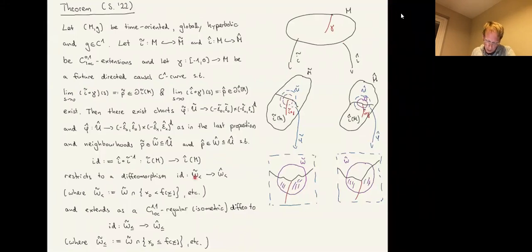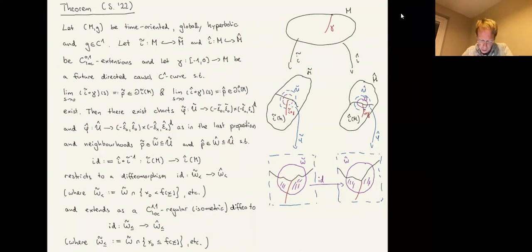Here W tilde denotes omega tilde intersected with the region below the graph of f, and similarly for omega hat, so this region is mapped to this region by the identification map. This identification map extends as a C1,1 log regular isometric diffeomorphism to the boundary, so to omega tilde with inequality or equal, which is omega tilde with the graph of f and everything that lies below it.